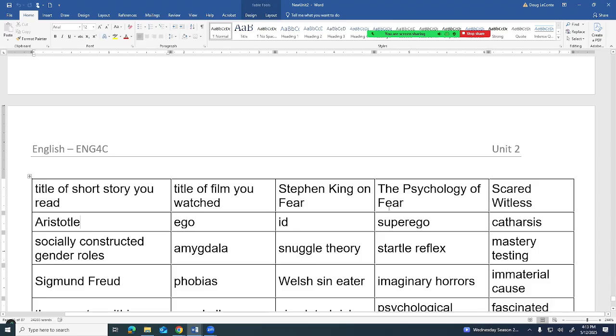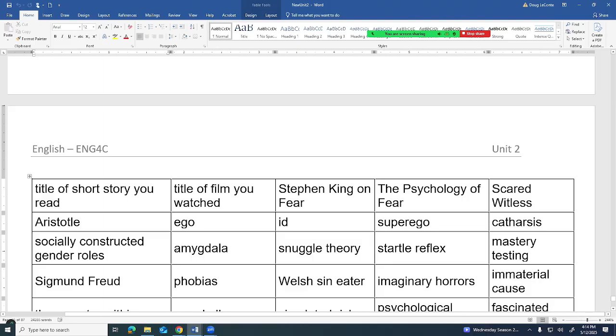If you haven't studied psychology or Sigmund Freud before, you might not know what these terms are. But by the end of this unit, you should have a vague idea of how they fit into the psychology of fear. That also includes the amygdala.